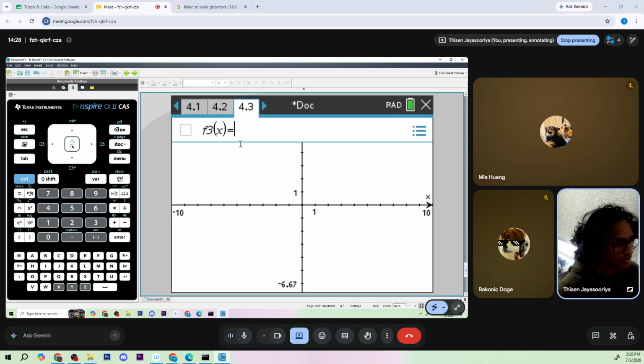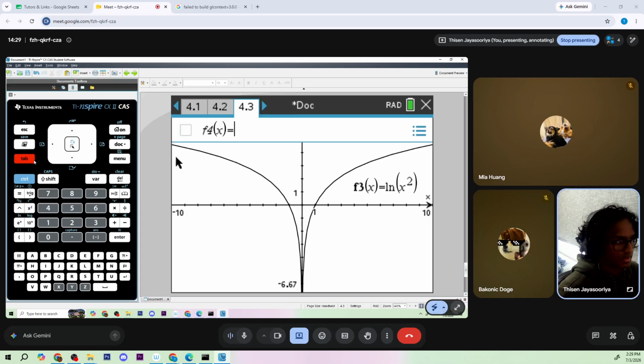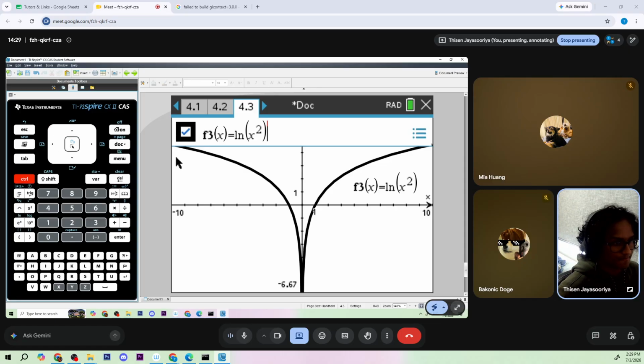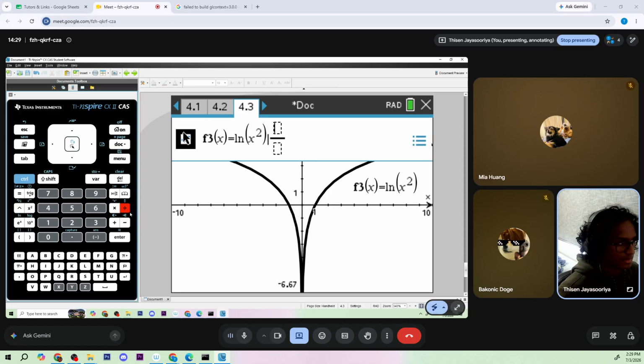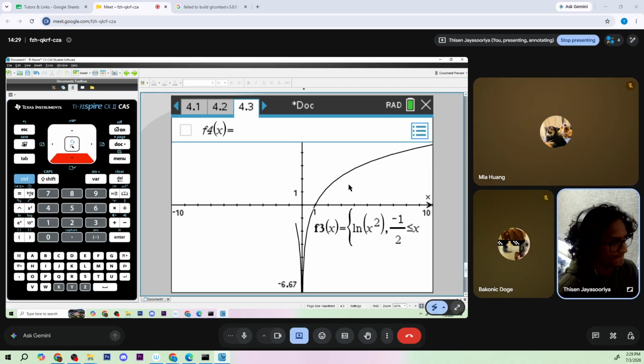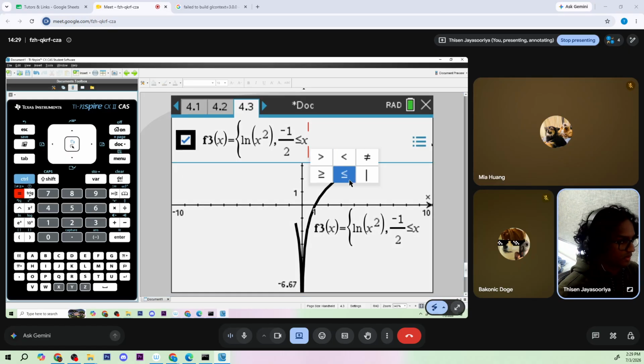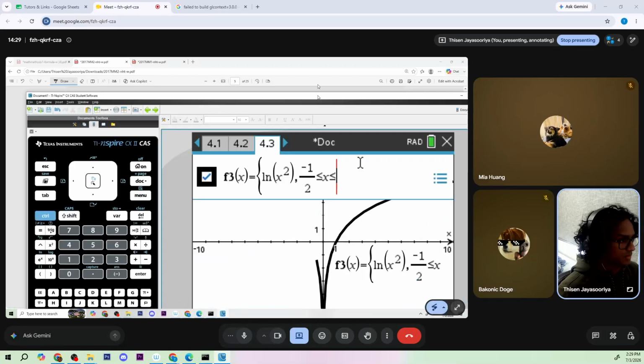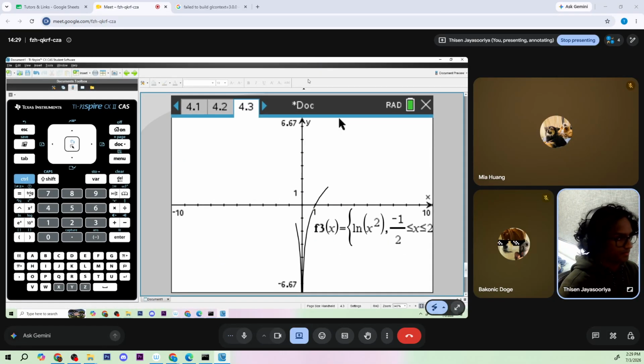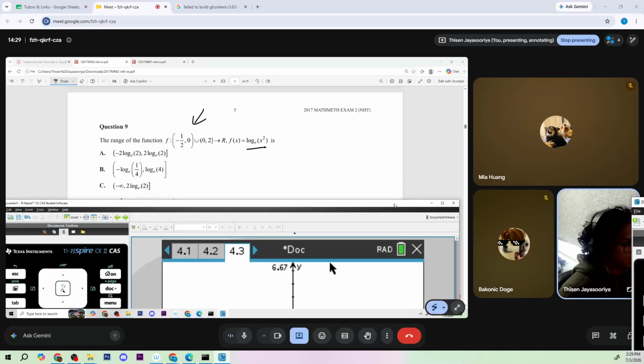Let me type in ln of x squared, and let's try and limit its domain to negative 1 over 2, all the way to 2. Yeah, so you get negative 1 over 2 to 2.